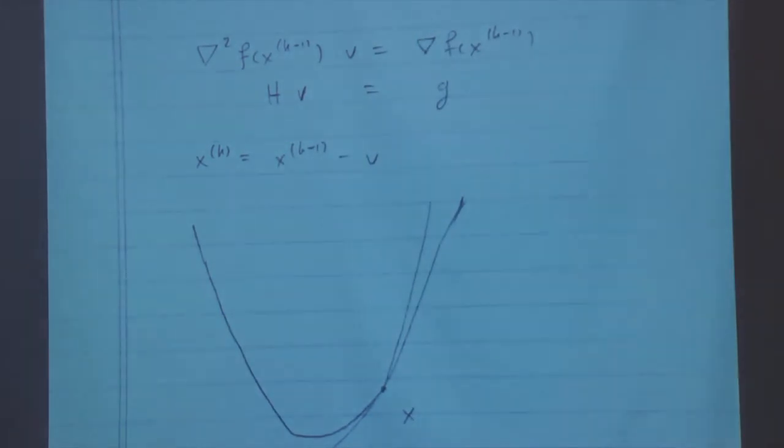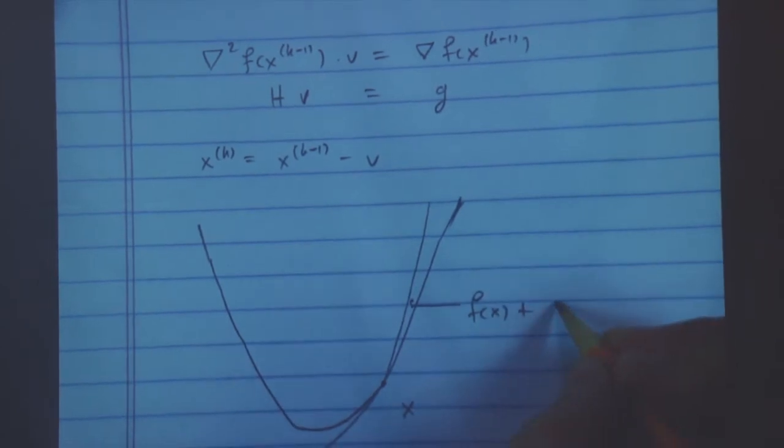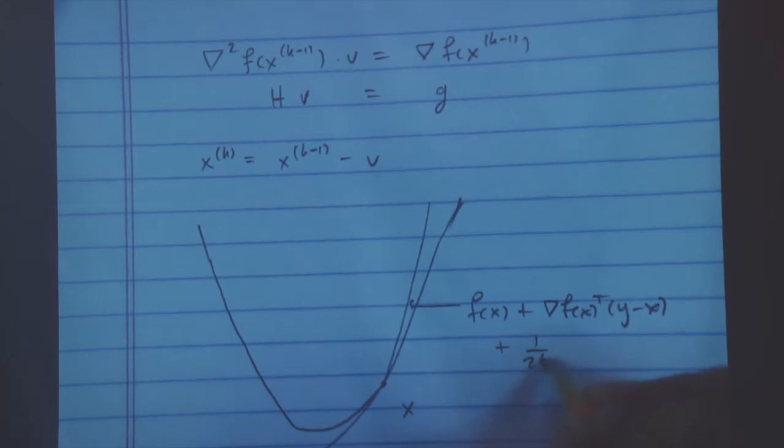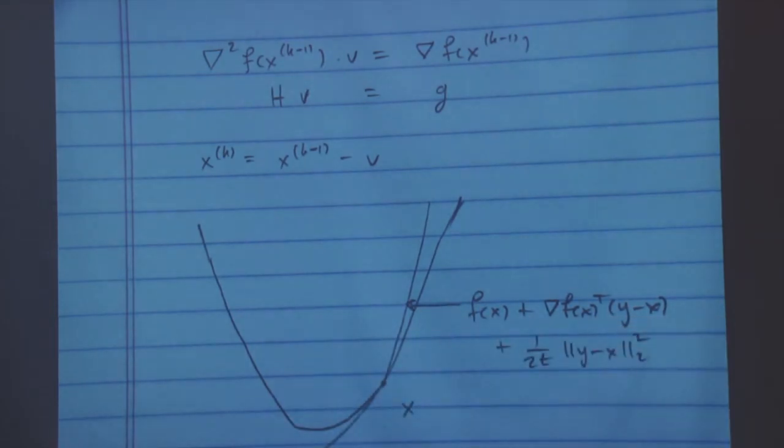In this quadratic approximation, this is f of x as a function of y. This is f(x) plus the gradient of f(x) transpose (y minus x) plus 1 over 2t times the norm of y minus x squared. So that's what this quadratic approximation is.